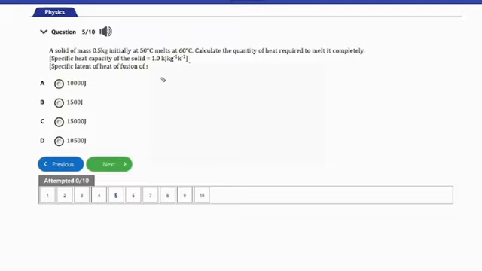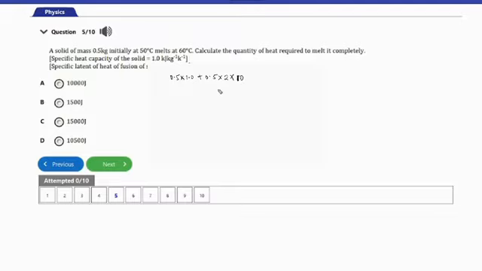So solving with this, we're going to have the mass 0.5 kg times the specific latent heat of fusion 1.0 kilojoule per kilogram, which is going to still be 0.5, and this plus the mass 0.5 kg times the specific heat capacity of the solid, which is 2 kilojoule per kilogram per Kelvin, then times the temperature change, that's 60 minus 50, that's 10.